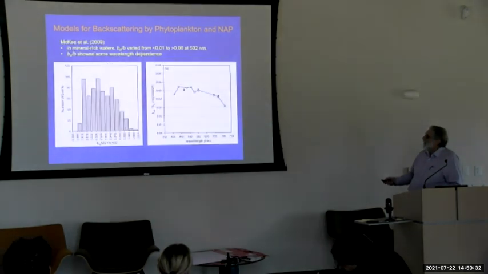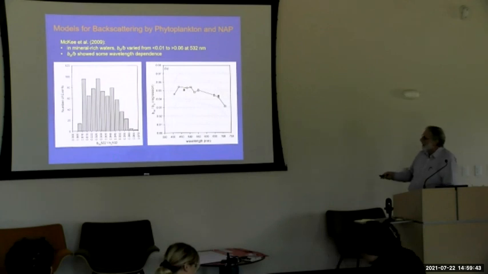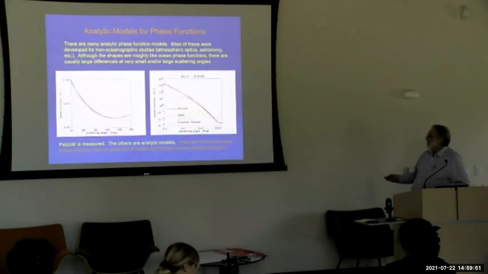Okay, so here are just more models of backscattering fraction for phytoplankton and non-algal particles. You can see ranges of 0.5% up to 6%, depending on your water body and which day you're out there. There are a lot of analytical models for phase functions.